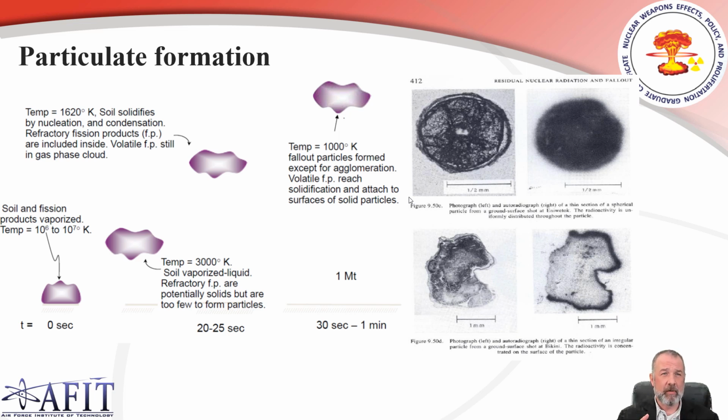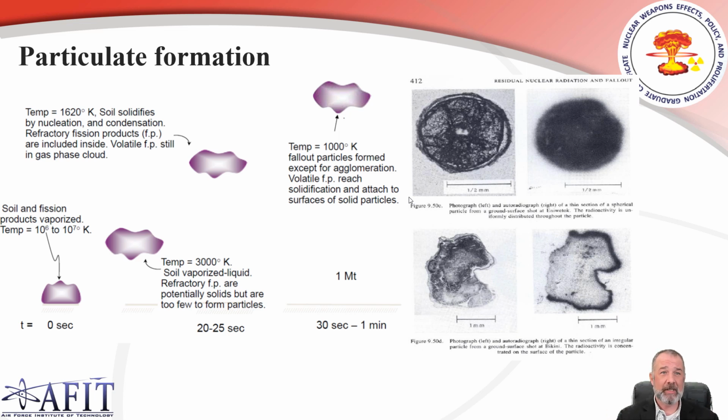It's got kind of a uniform structure to it, and this would be material, whatever radioactive material and the stuff that had been vaporized from the ground. This is coalescing from completely vaporized material into a sphere, and that's surface tension being what it is, sort of a natural formation for vaporized material as it starts to coalesce.